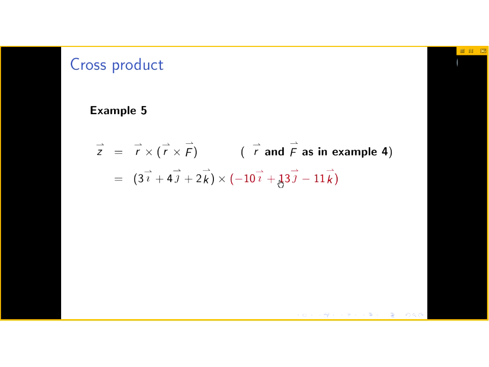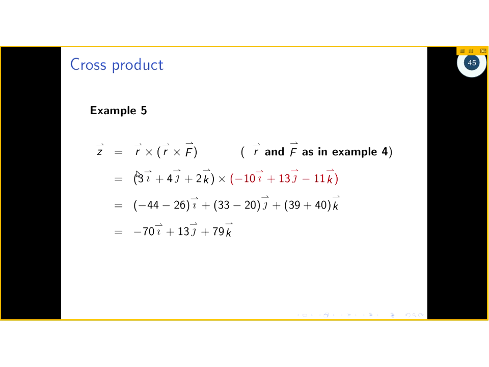So now we can simply, once again, use something like the determinant method or the other method and calculate the double cross product to get this final answer.